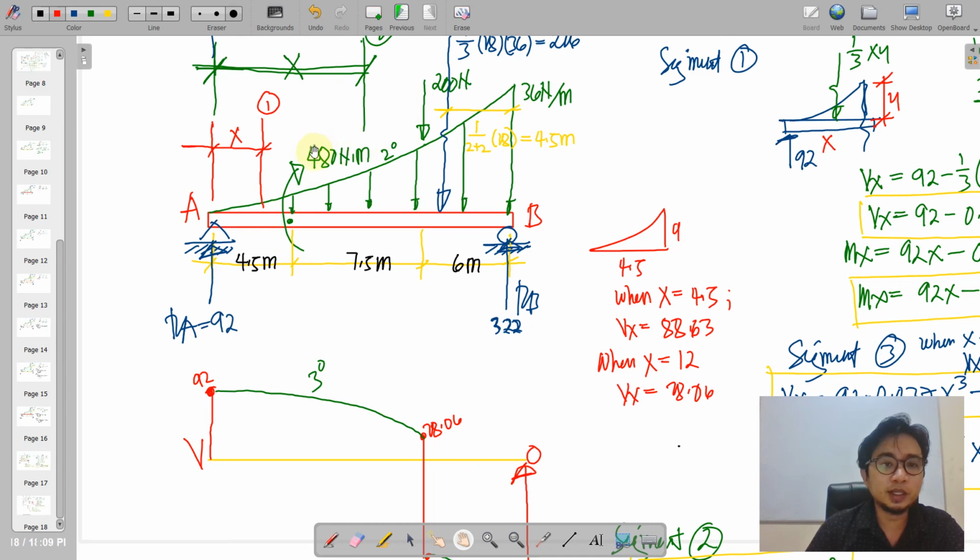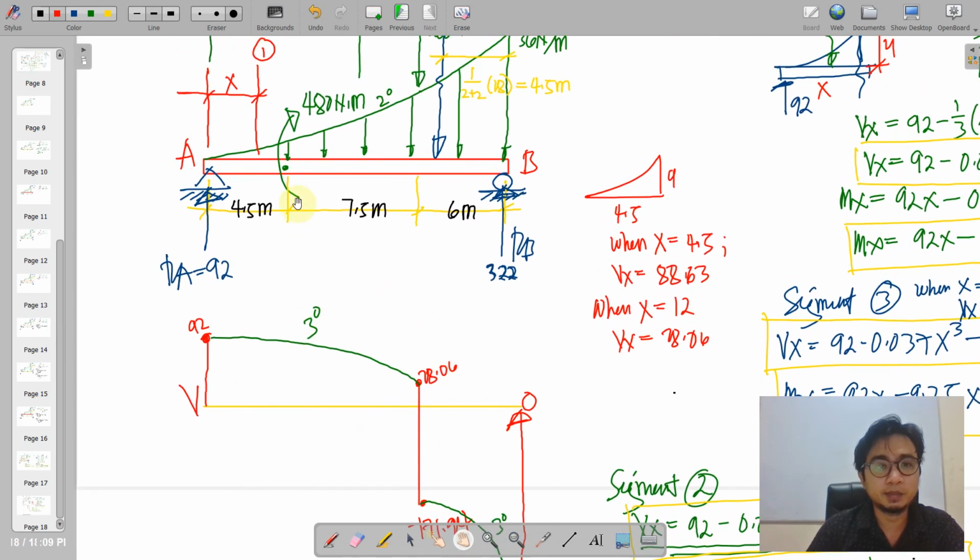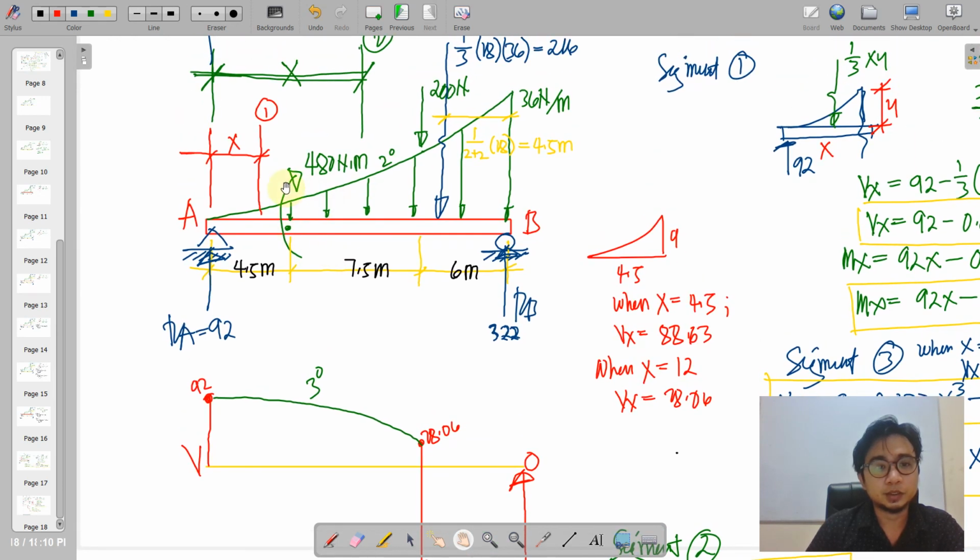So 480 here has no effect in our shear diagram. However, it is affecting our moment diagram. So there will be some addition on the coordinate along this section where 480 is applied.